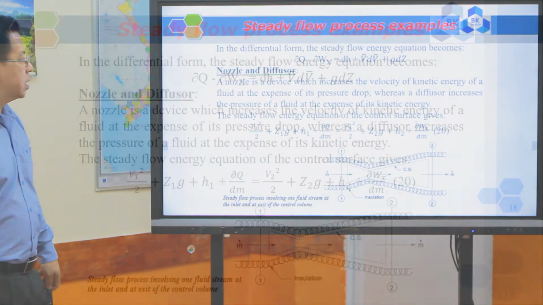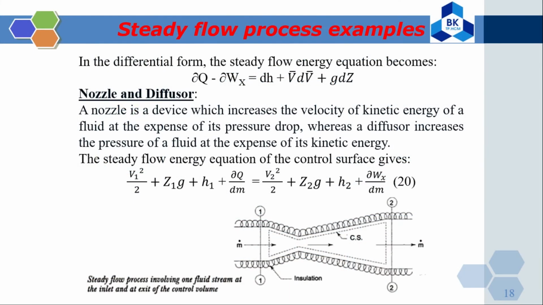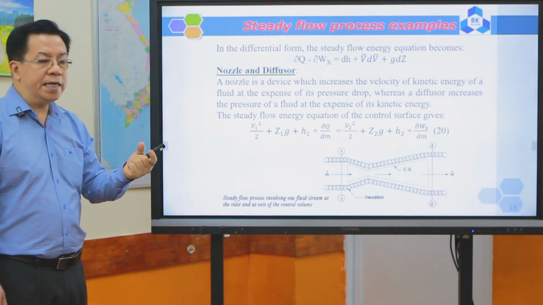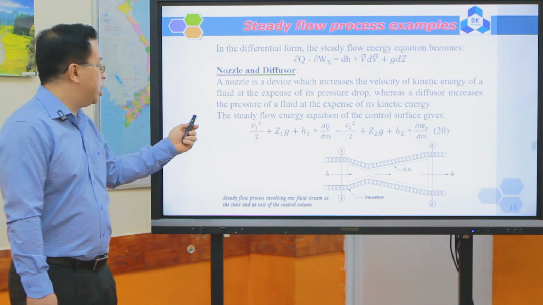So we call that a nozzle. Whereas a diffuser increases the pressure of a fluid at the expense of its kinetic energy. So if we need to increase the velocity, we use the nozzle, and if we need to increase the pressure, we use the diffuser.